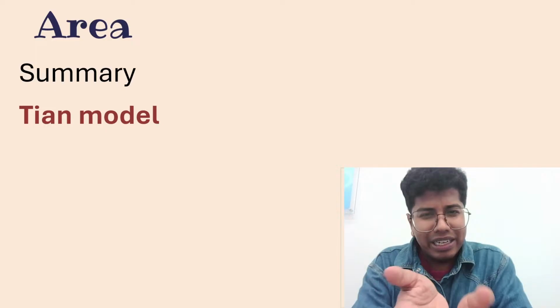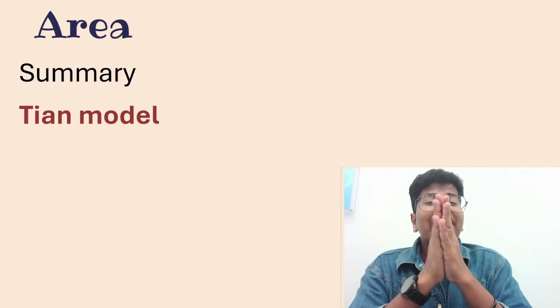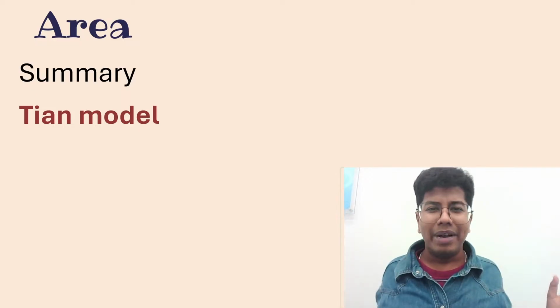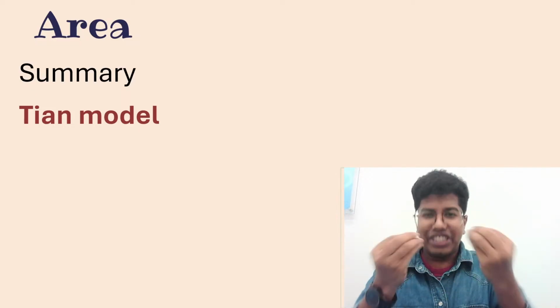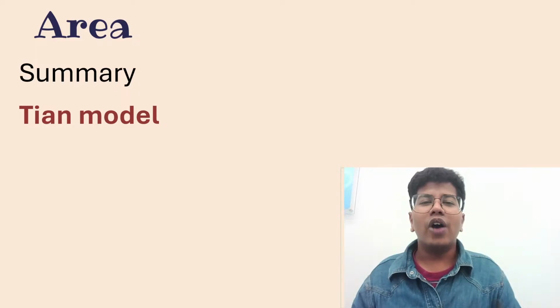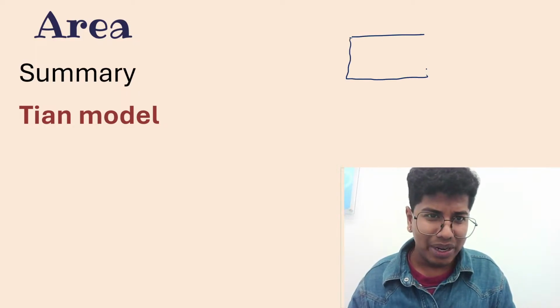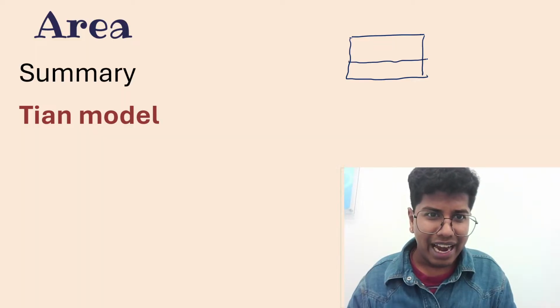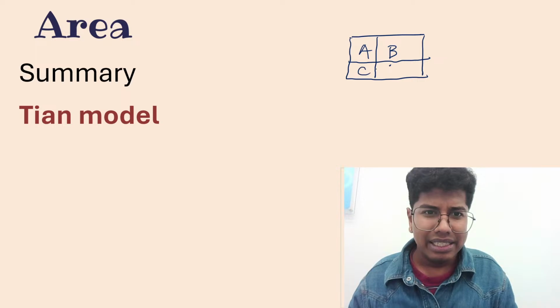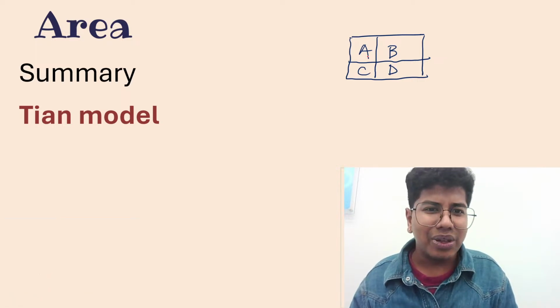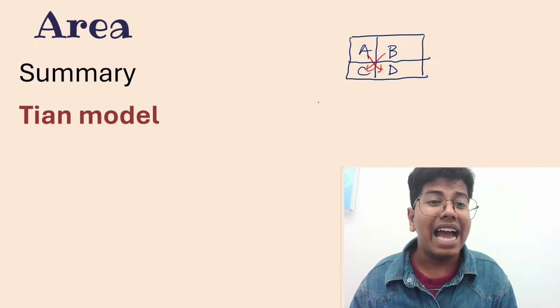In the Thien model, if there are rectangles that share a common side, then we can find the relation of the rectangles directly. So the quick summary is, if there are 4 rectangles present like A, B, C and D, what we can do is just cross multiply and the area is the same.